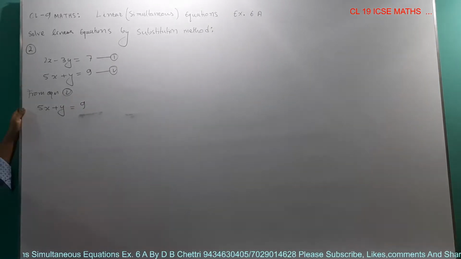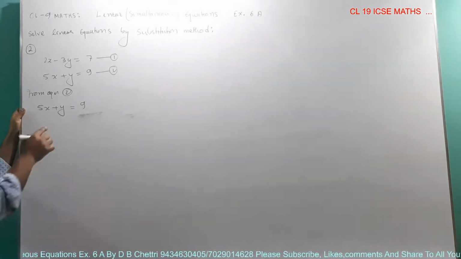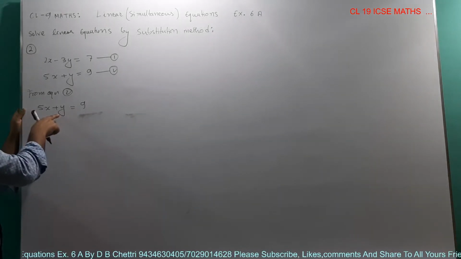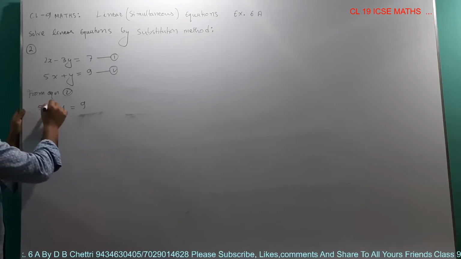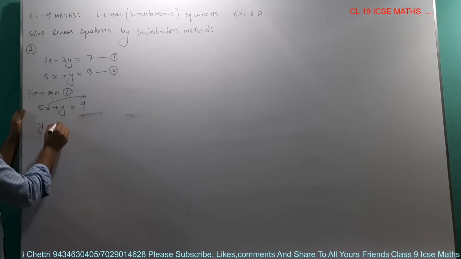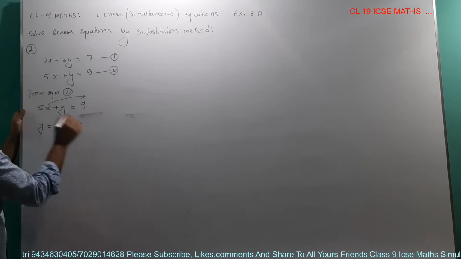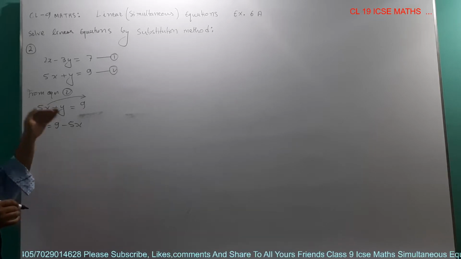Always get the value of the variable which has a small coefficient or coefficient 1. To get the value of y, since the coefficient of y is small, take this 5x to the other side. Then y equals 9 minus 5x.